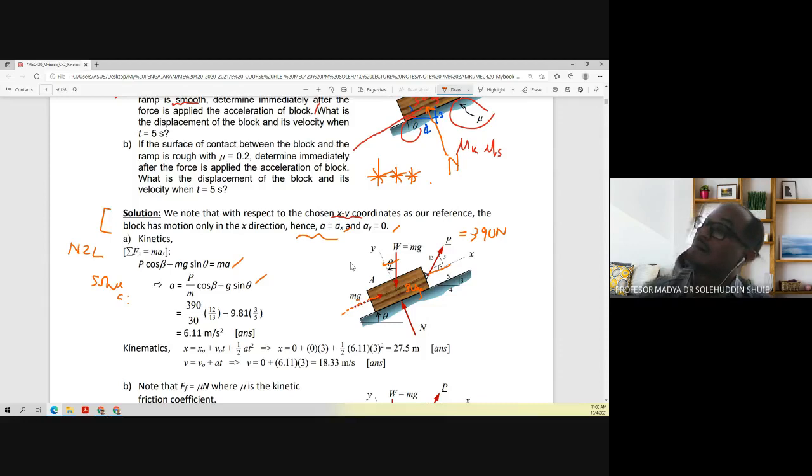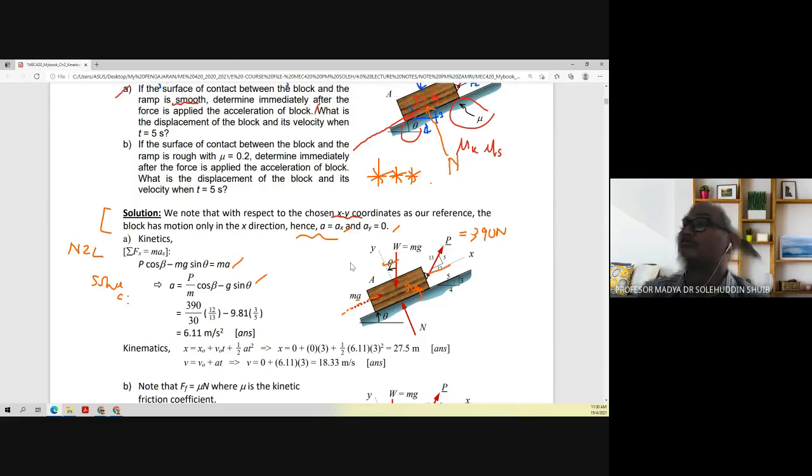So we're going to get this value, 6.11 meters per second squared.